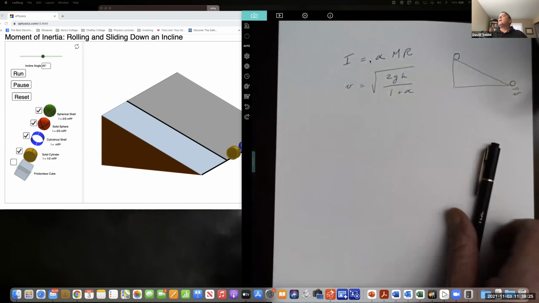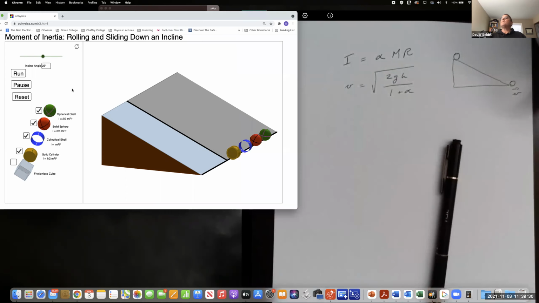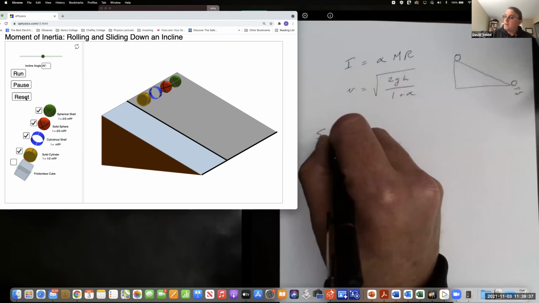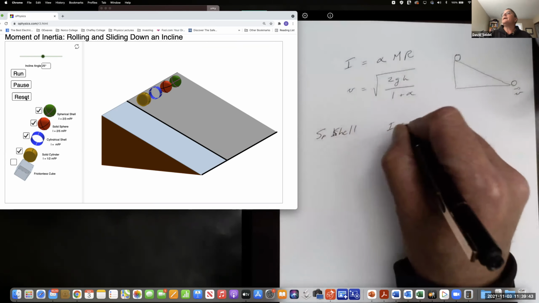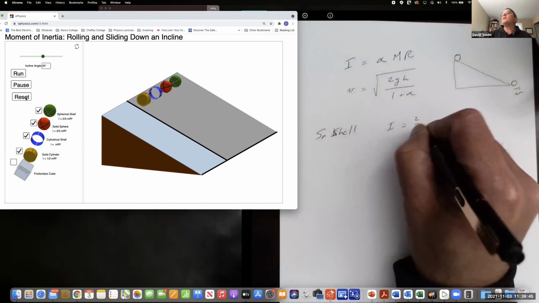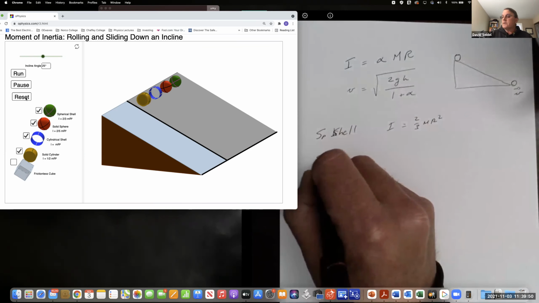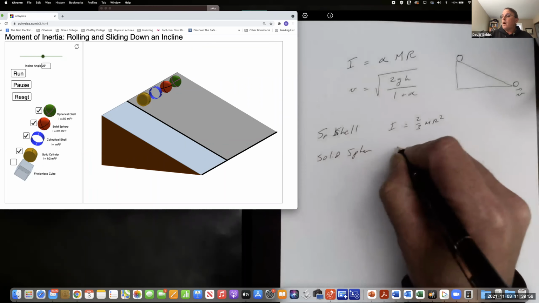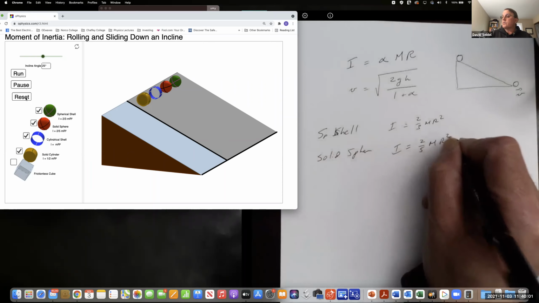So in the case of this simulation, where I'm going to hit reset here, I've got a spherical shell, I equal to 2/3 mr squared. I've got a solid sphere where I equals 2/5 mr squared.